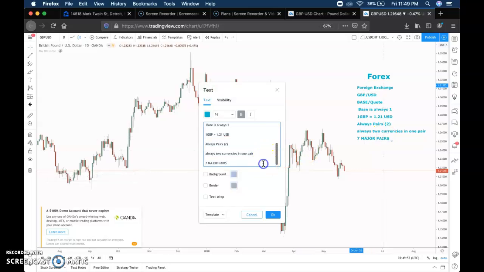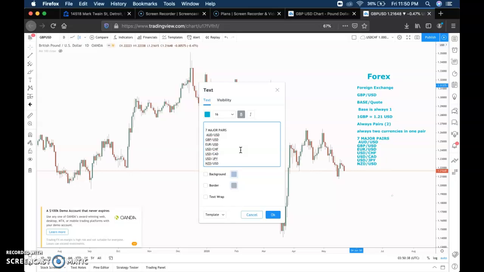You have the AUD USD, the GBP USD, the Euro USD, the USD CHF, the USD CAD, the USD JPY, the NZD USD, and that's it.